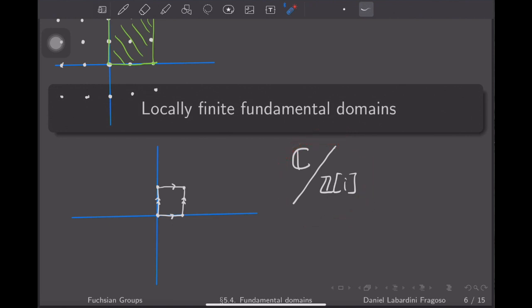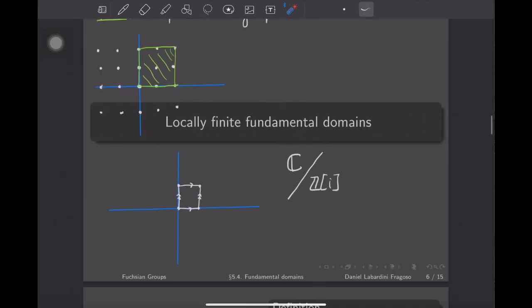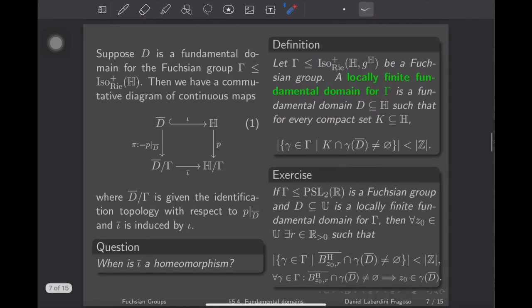So really what one is doing is using this fundamental domain to try to obtain a visual picture of the corresponding quotient more easily, just by gluing sides of a fundamental domain. And so that's the question here.